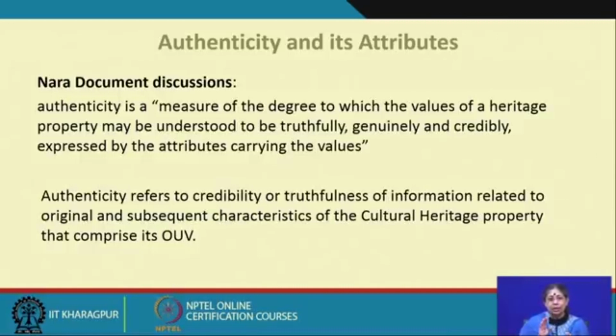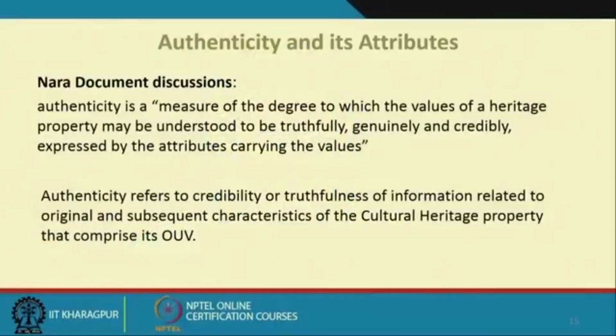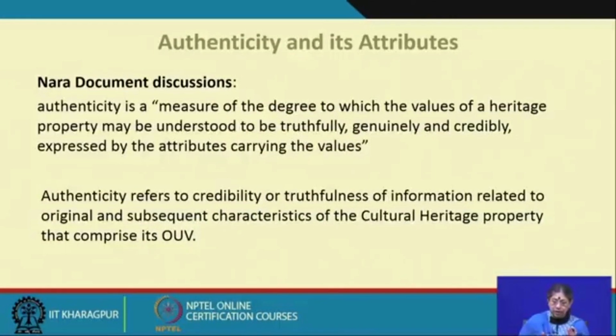I have already mentioned that there is a relationship between the attributes, the value and the significance. Authenticity refers to the credibility or truthfulness of information related to the original and subsequent characteristics of cultural heritage property that comprise its OUV.